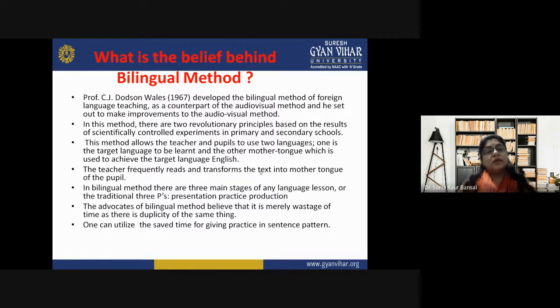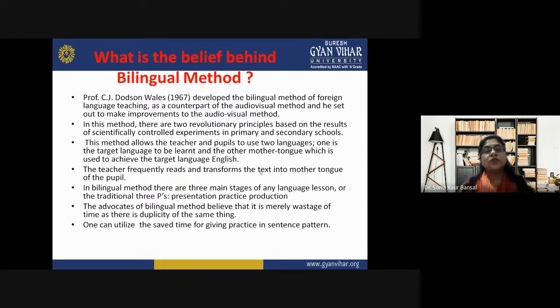Now, after understanding what the bilingual method is and how it is very important in the Indian perspective, let's understand what the belief behind the bilingual method is. Why was the bilingual method actually started? Why is it given so much importance?